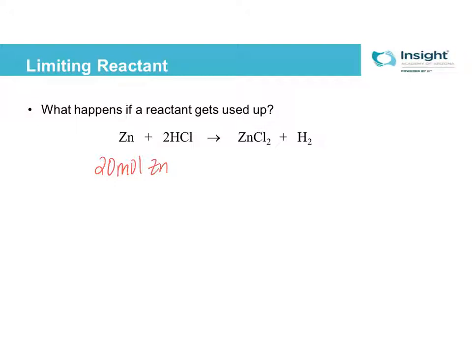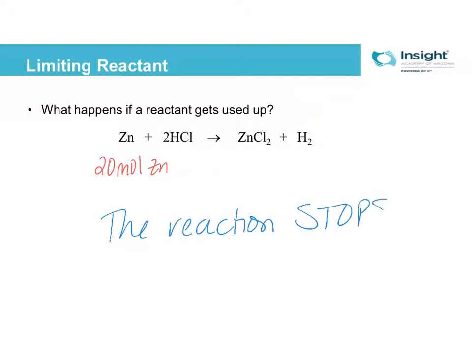What's going to happen? What happens when that hydrochloric acid runs out? If you weren't thinking this, it needs to go into your brain. The reaction stops. If you run out of one of the reactants, it's done. You can't keep making the products unless you have the reactants.